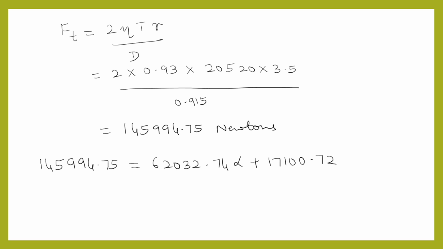So solving this, we get the acceleration value alpha equal to 2.078 kilometer per hour per second.